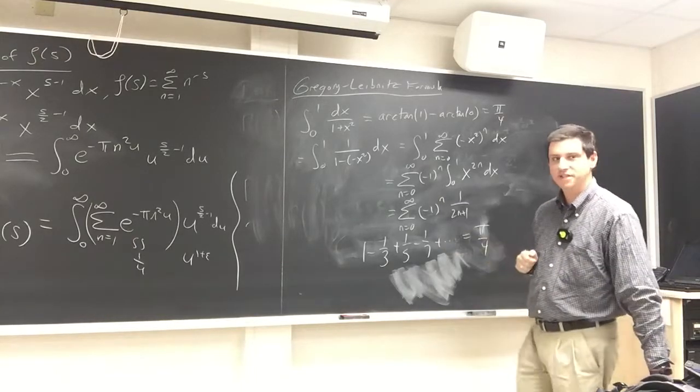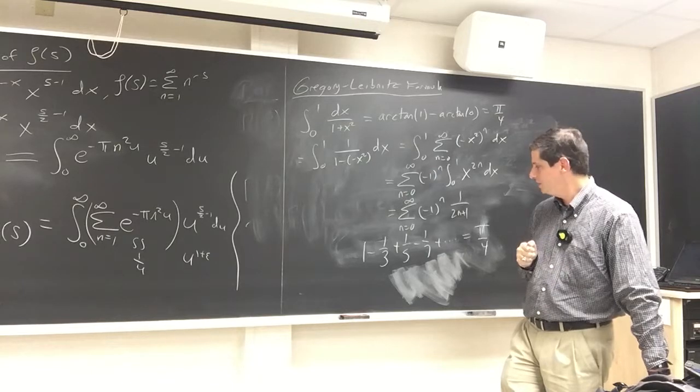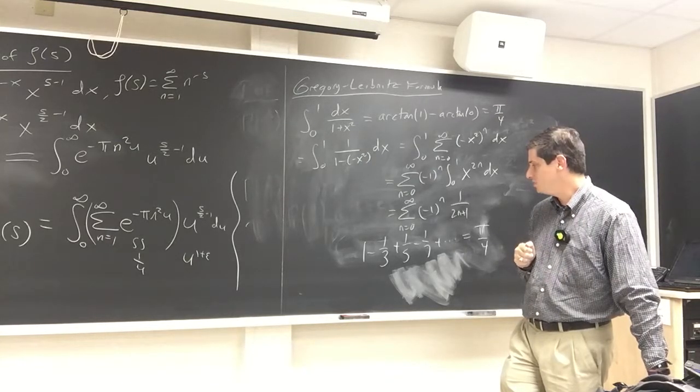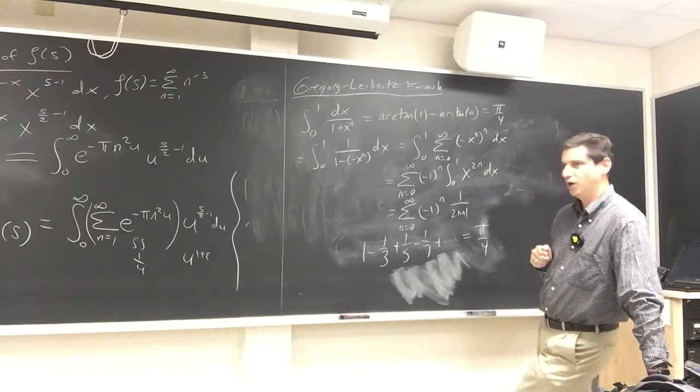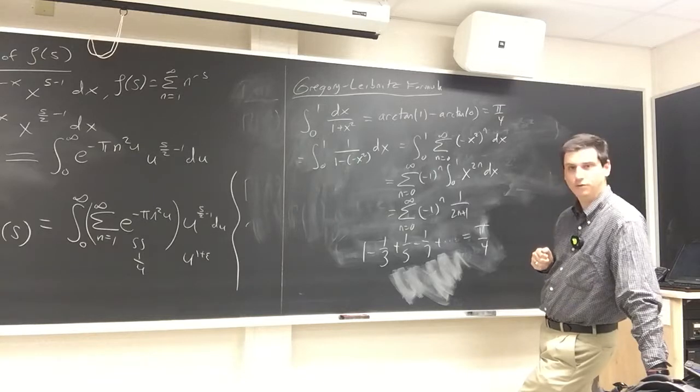This gives you an alternating sum formula for pi over 4. It looks a lot like the zeta function, except now we have pluses and minuses. And it basically just depends on whether you are an odd number, and whether you are 1 mod 4 or 3 mod 4.